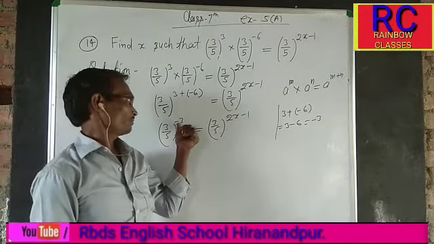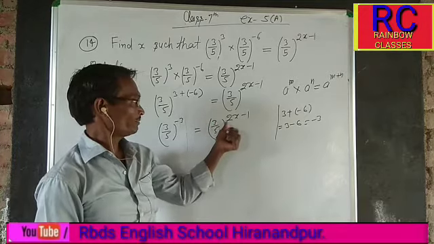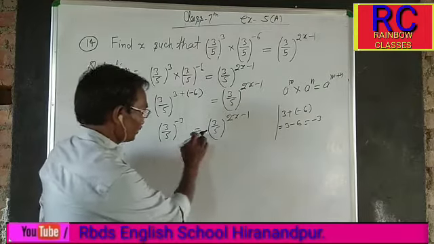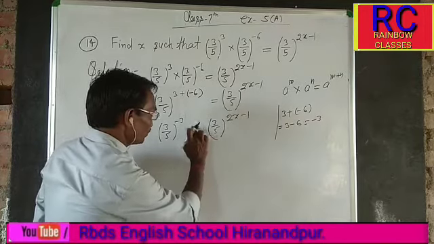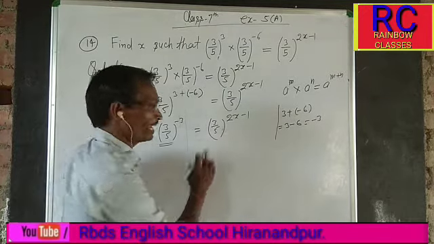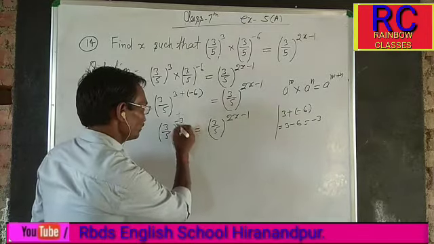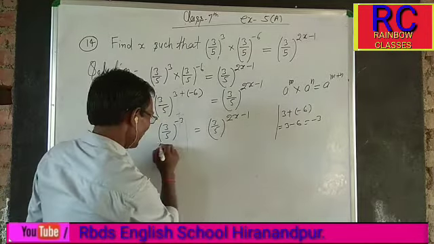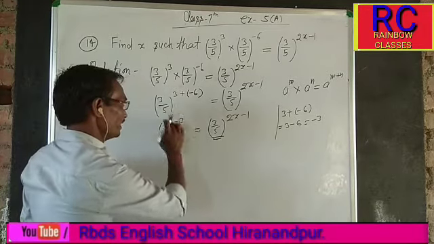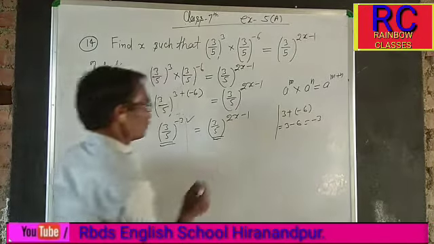So 3 by 5 to the power minus 3 is equal to 3 by 5 to the power 2x minus 1. Both sides are equal and the bases 3 by 5 are equal, so their exponents are equal: minus 3 is equal to 2x minus 1.